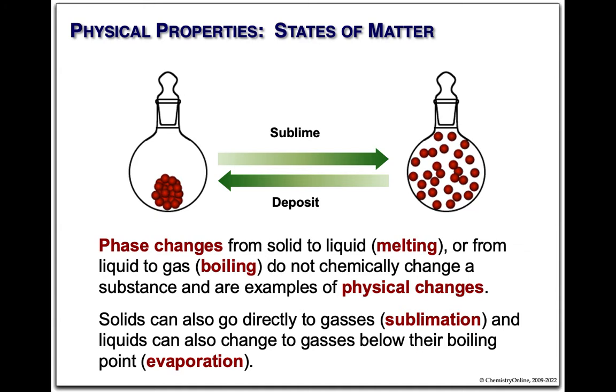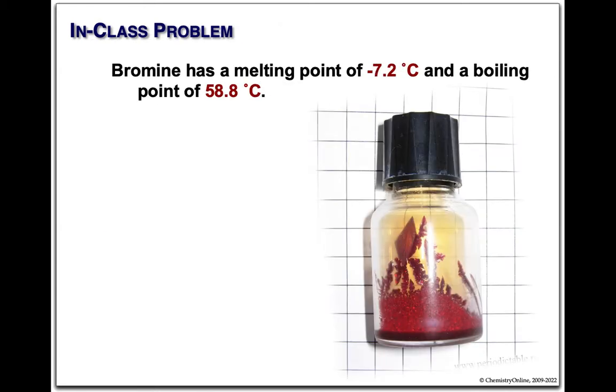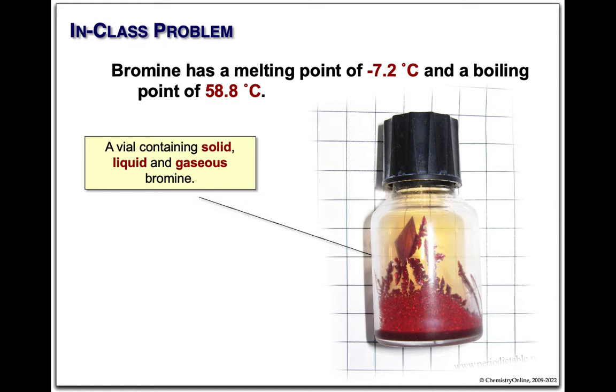Let's look at a simple problem. This is bromine. Now bromine is here in the 7th group. It's in the 4th period. It's a liquid at room temperature. This is liquid bromine that has been frozen and then taken out to thaw a little bit.